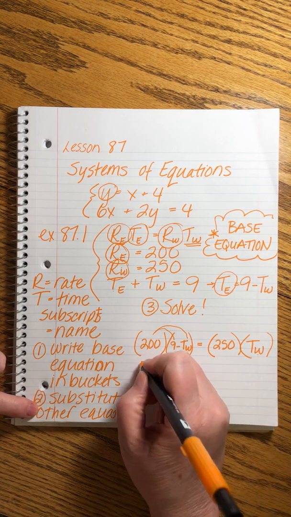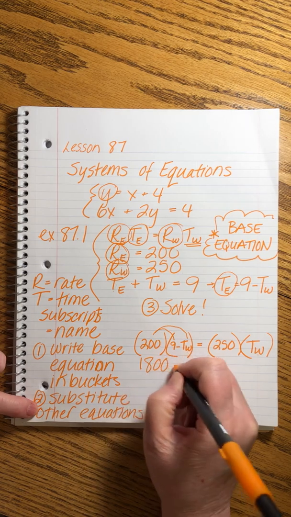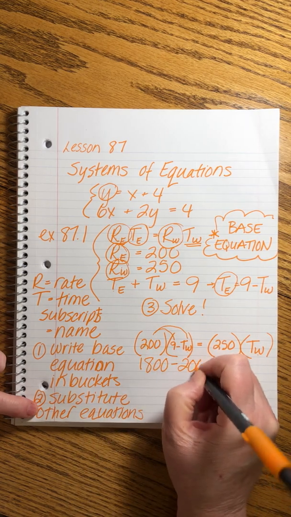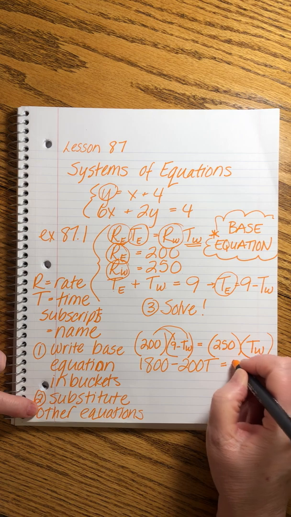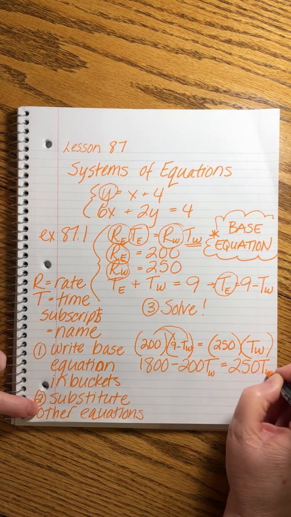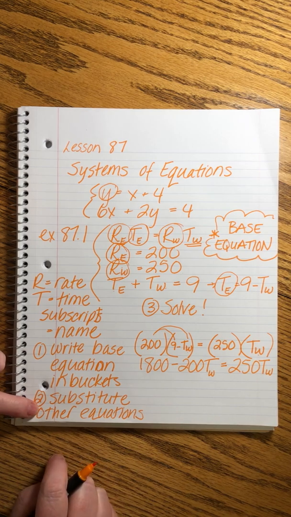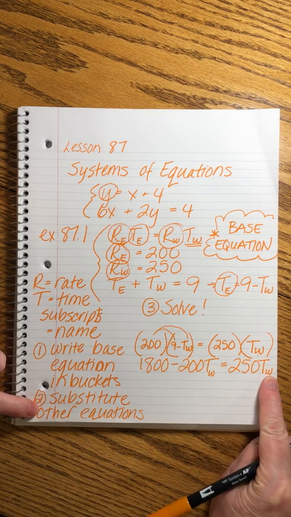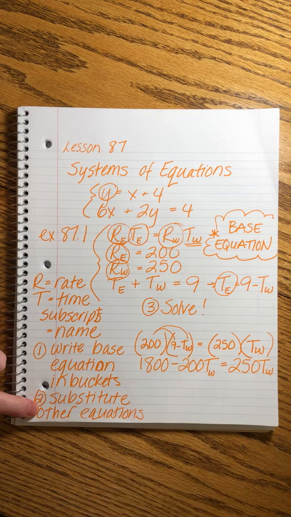200 times 9 is 1,800 minus 200 T sub W equals 200 and, oh, T sub W, sorry. Those two I can just write together. These I distribute.